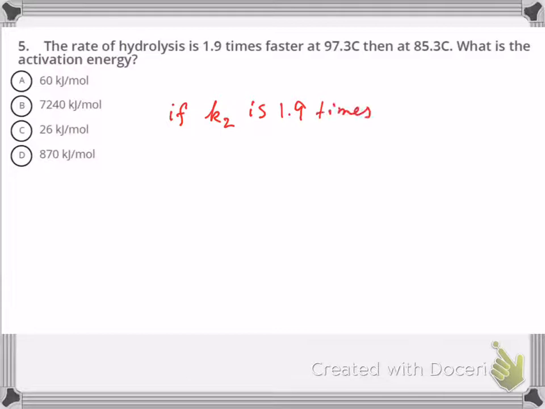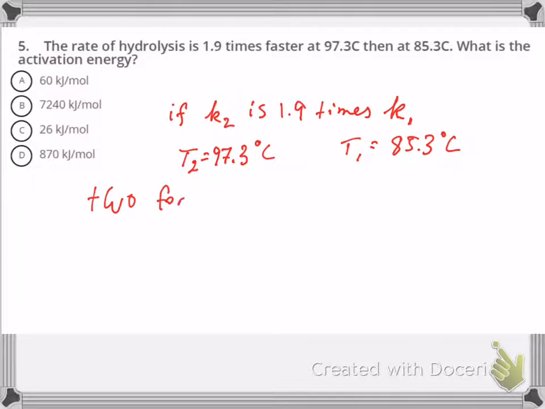So if K2 is 1.9 times K1, and we know T2 is 97.3 and T1 is 85.3, we can use one of the two forms that's most convenient. We have K2 over K1 equals e to the minus delta E over R times the difference of the reciprocal temperatures, right? That's one form, and that's very convenient when you already have the activation energy.